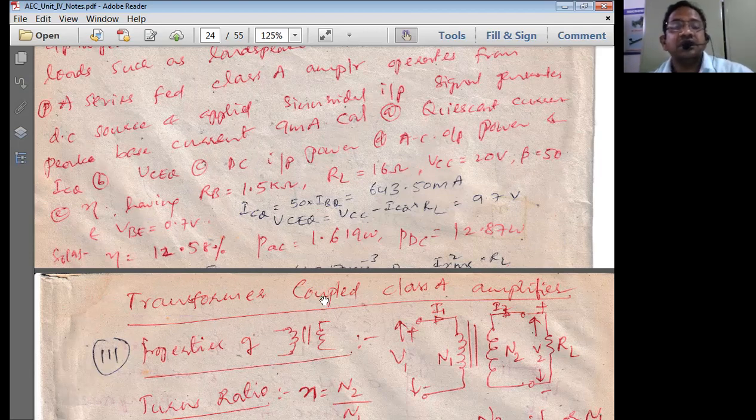Peak base current is inclusive of the biasing current as well as the output current due to the input signal. So we can write 50 into IBQ.